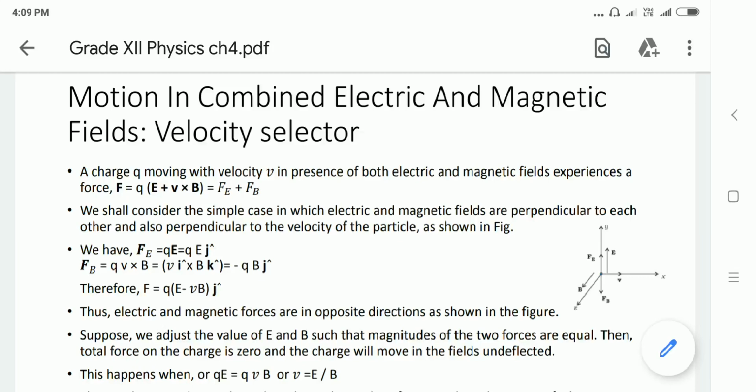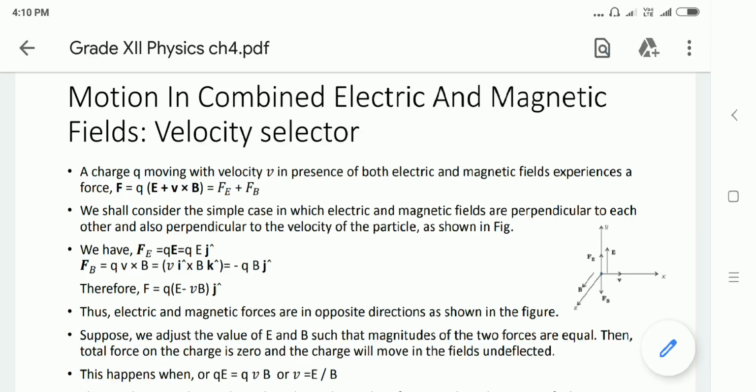So with that we can write the magnetic force is minus QVB J caret. Therefore the total force is Q into (E minus VB) J caret.